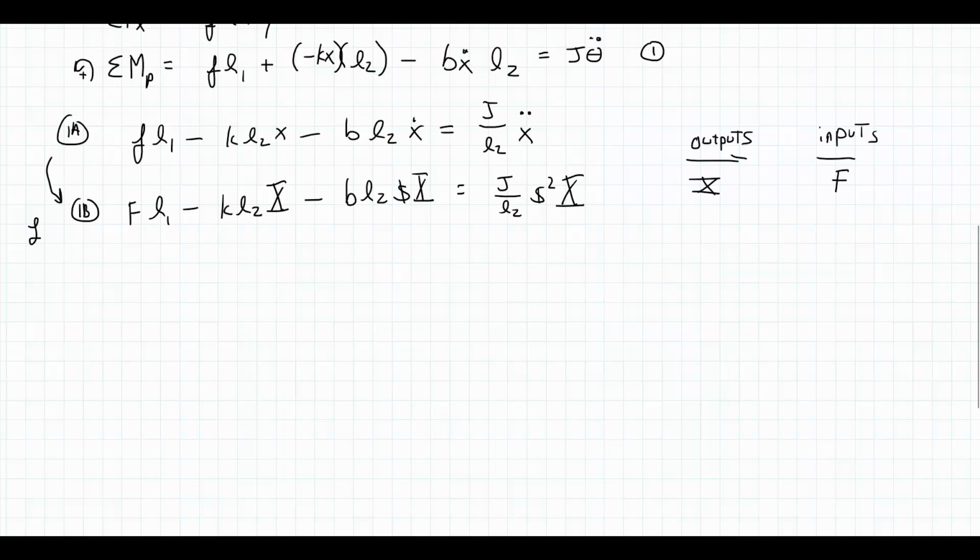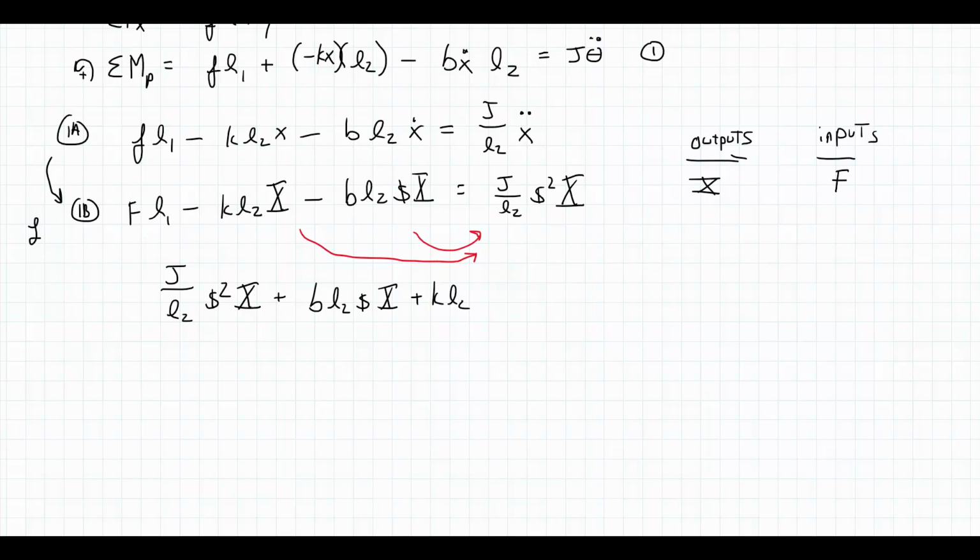I'll do this one by hand because it's only one equation for one output. So I have here a J over L2 s squared X, and I'm going to move these x terms over to the left-hand side, like I've done before. So plus b L2 sX plus k L2 X equals F L1. On the left-hand side, I have only these x terms, so I can factor out an X. I don't have to do this, but it'll look a little bit cleaner.